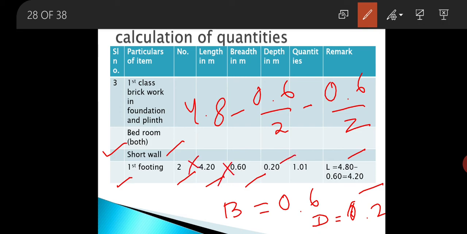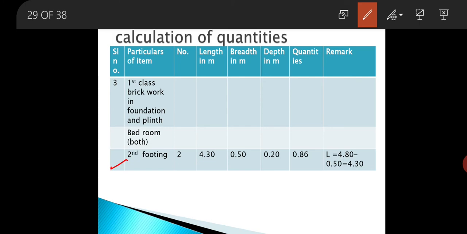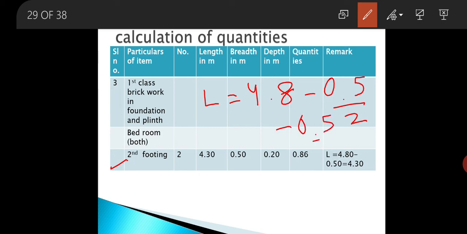Then by multiplying these 4, we will get the total quantity of the first footing as 1.01 cubic meter. Then next come to the second footing. So for second footing, with the center to center length of short wall, subtract half of the width of the second footing from both the sides. Okay. So this will give you the length as 4.3.